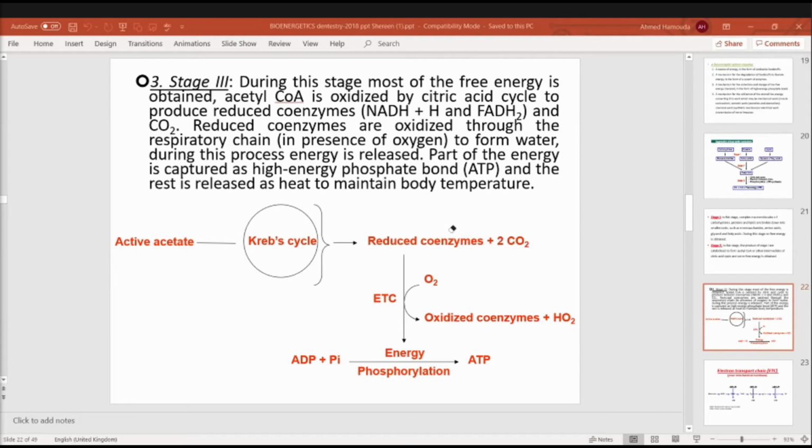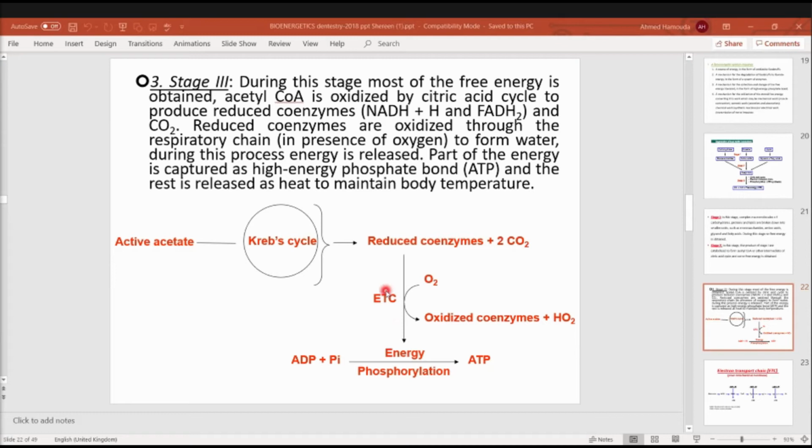It means they have energy in them. They have electrons added to them. And you get carbon dioxide. These reduced enzymes, the NADH and FADH2, will go into the electron transport chain.